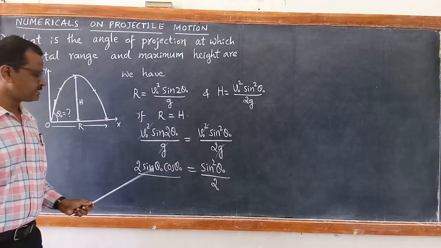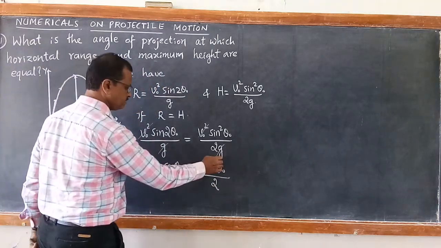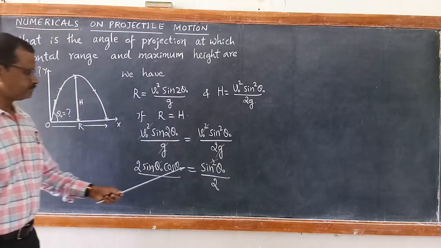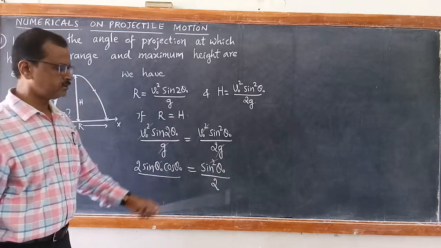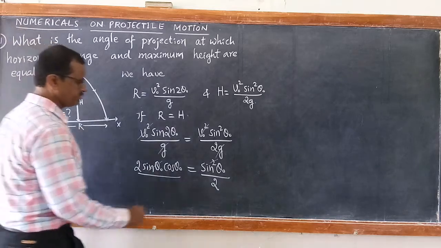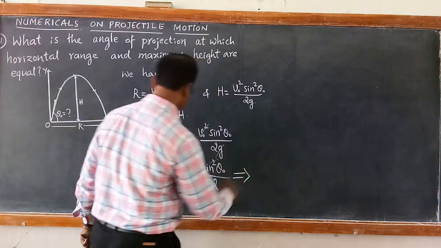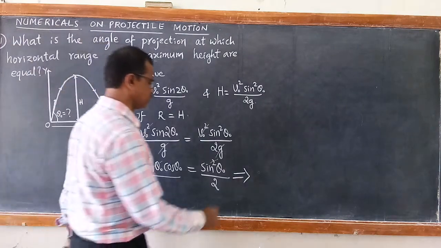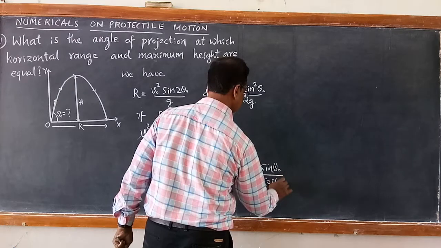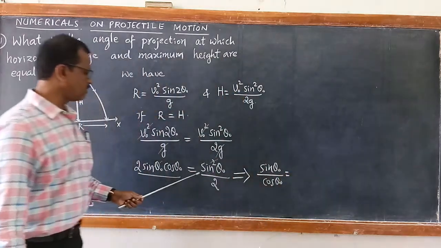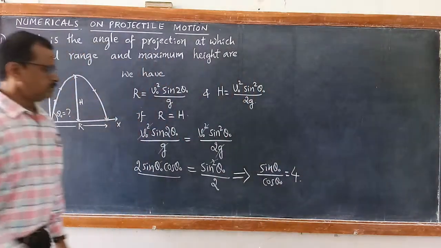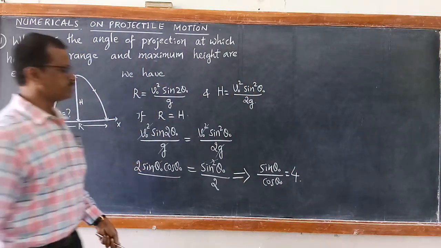Now one sin theta cancels here. Therefore, take this cos theta naught to the right hand side and 2 to the left hand side. Thus, you can write sin theta naught by cos theta naught is equal to 4. So this implies tan theta naught is equal to 4.